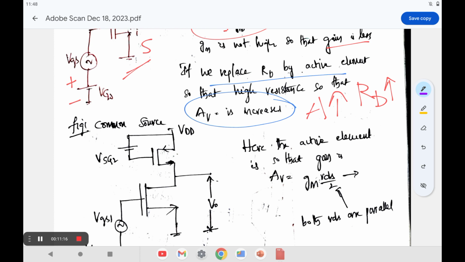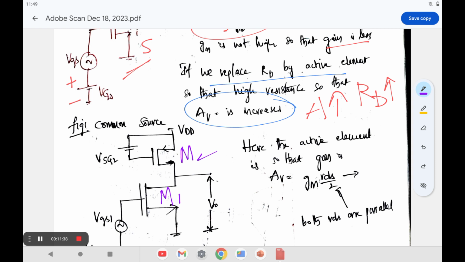So let us consider some analysis. This is M1, and this is generally called the MOS transistor M2. Instead of RD, we are using an active element, a transistor. Field effect transistors or MOSFETs are generally called active elements, right?